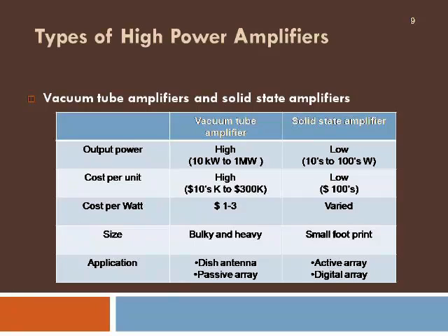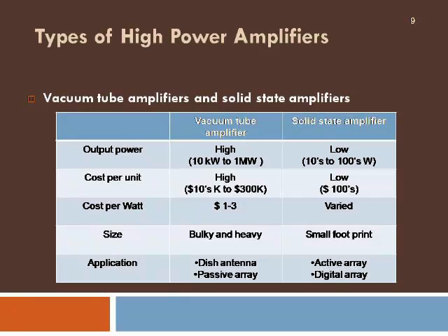Accordingly, if we look at the cost per unit, for a single vacuum tube power amplifier the cost is going to be in hundreds of dollars, but we need very few of them. Whereas if we go for solid state amplifiers, which can be used with multiple antennas, the cost can be very low, of the order of tens of dollars or even hundreds of dollars depending on the power output, but you need multiple units.